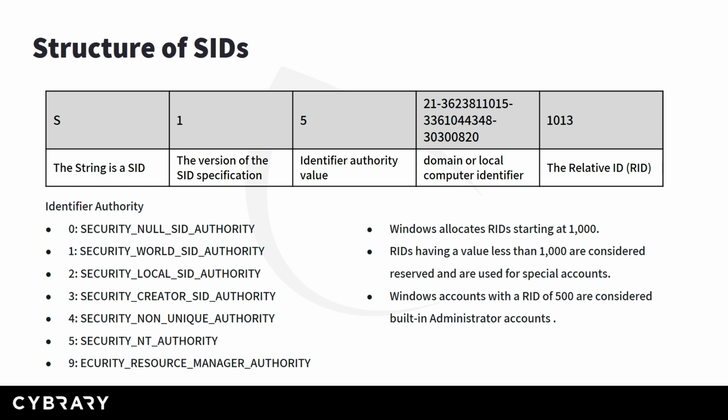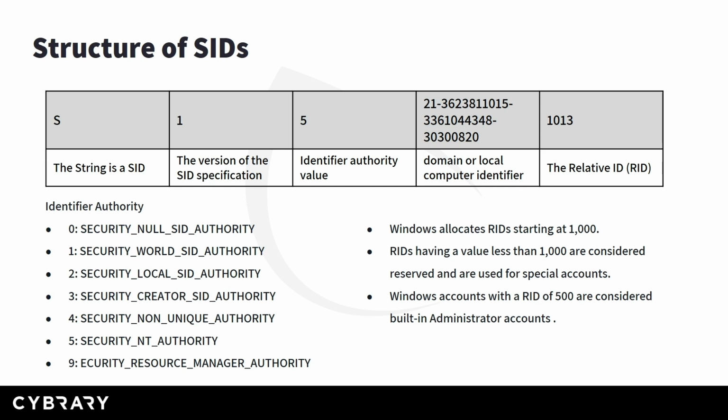The security creator SID authority is responsible for the creator owner, creator group, creator owner server, and creator group server. You can identify which SID belongs to this category because they have the number 3 in the identifier authority field. The value 4 corresponds to a security non-unique authority, which is not used by Windows NT.